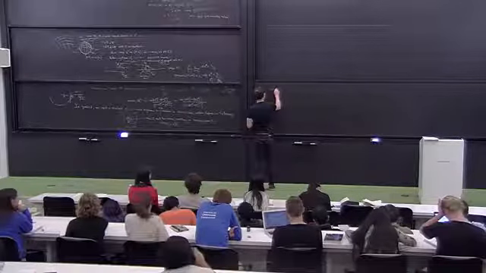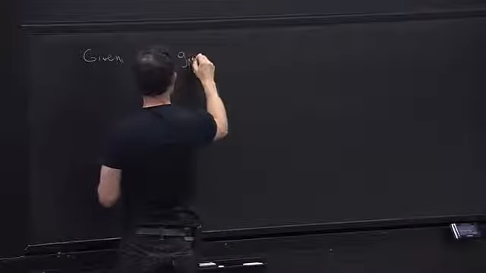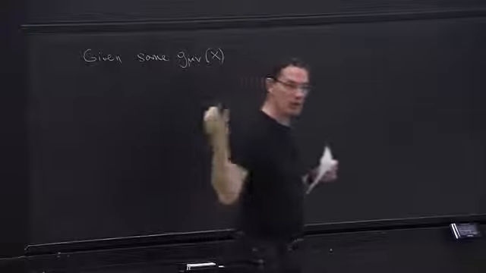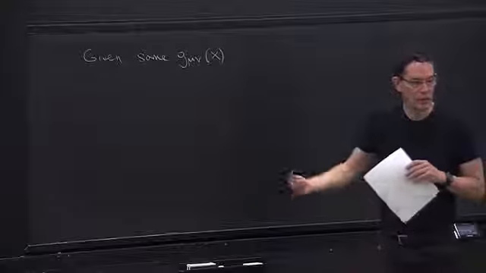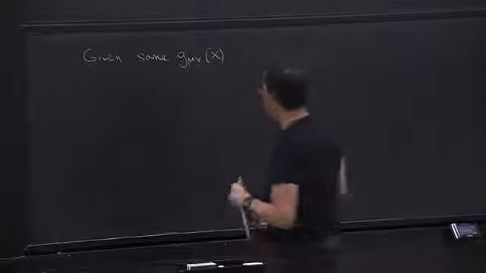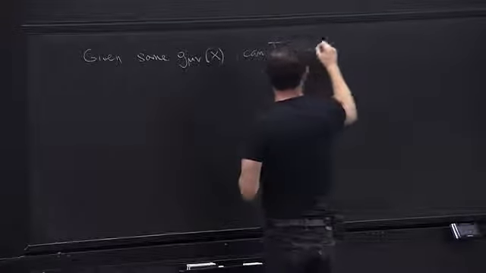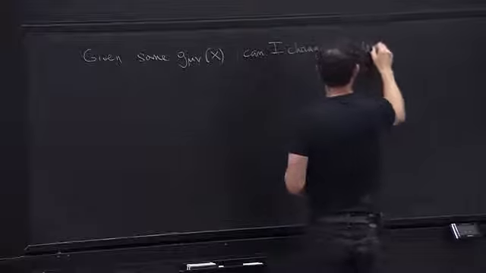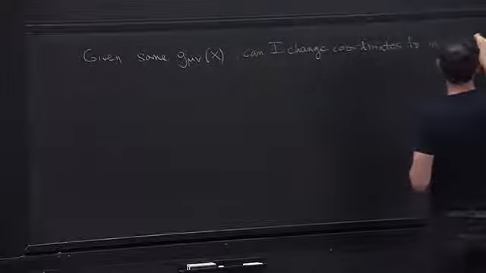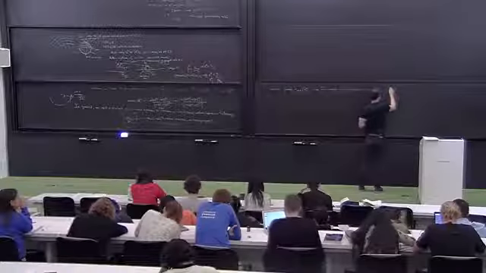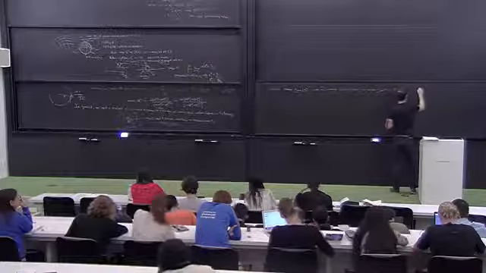So given some g mu nu of x, if somebody just hands you a 4x4 matrix, which is a function of x, and tells you that describes the geometry of the world you live in, can I change coordinates to make g mu nu of x approximately equal to eta mu nu in my neighborhood?